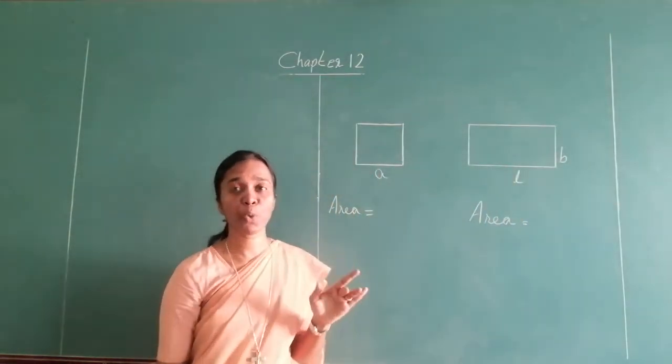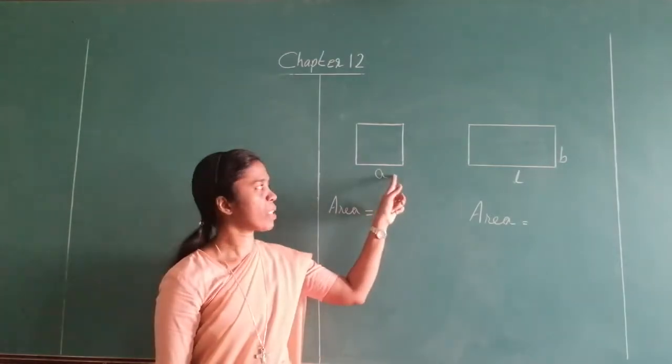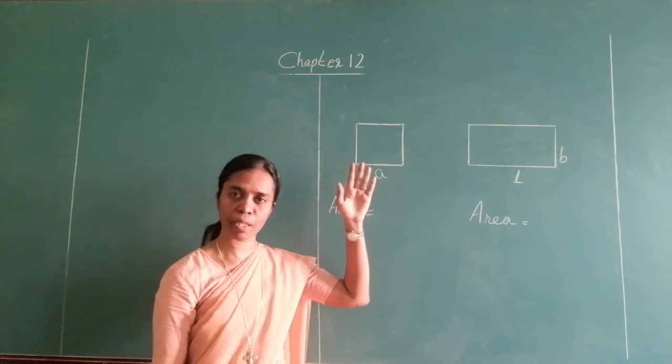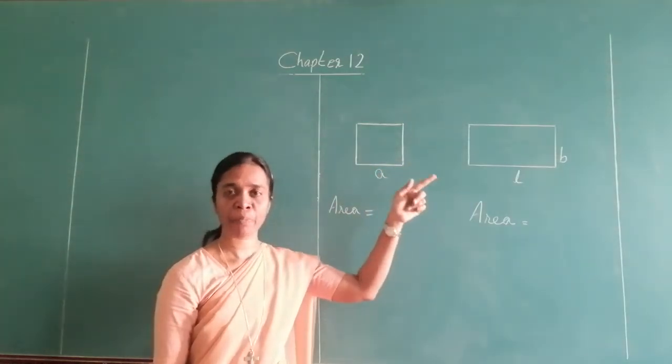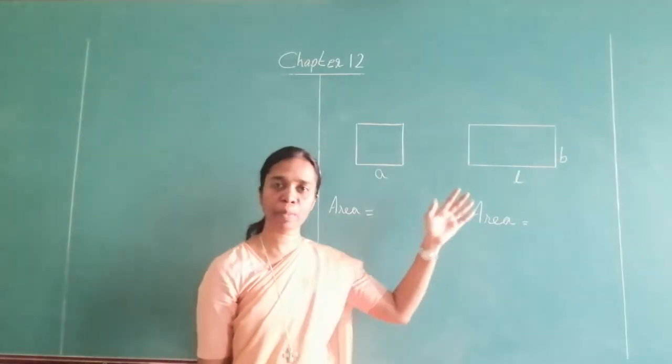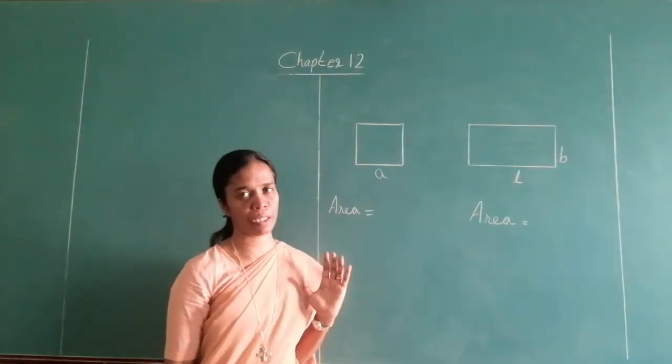Now, the unit of perimeter. If the sides are given in centimeter, the unit will be centimeter because we are just adding. If given in meter, then the unit of perimeter will also be meter.